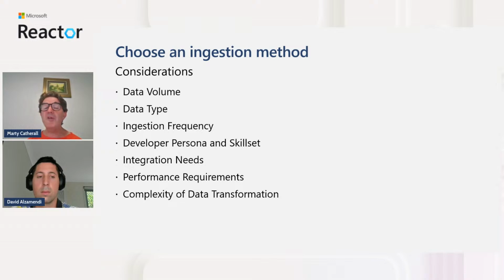So what are the things you've got to think about when choosing an ingestion method? And I guess one of the big factors is what are you most familiar with? But also you've got to consider the data types that are in the data. Are they coming from a nicely structured format? What are the data volumes that we've got to deal with? And how frequent is that data being ingested?